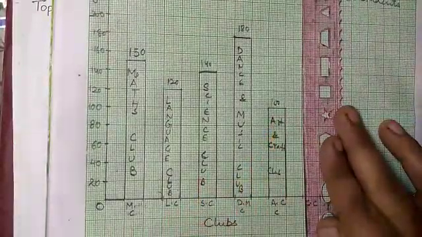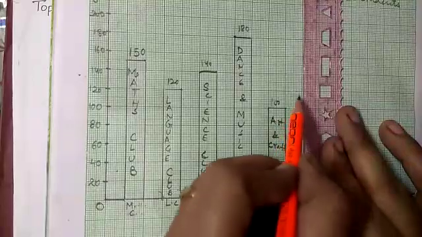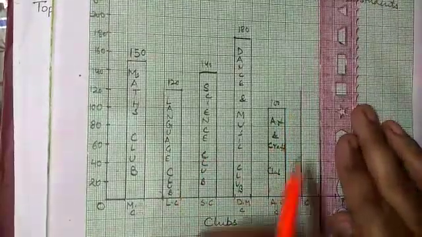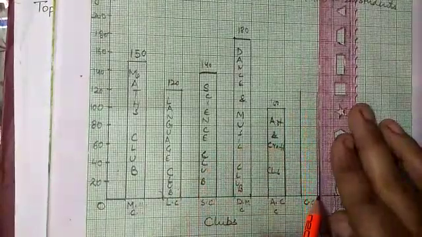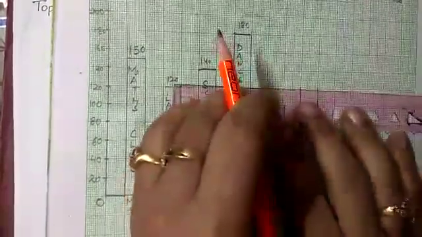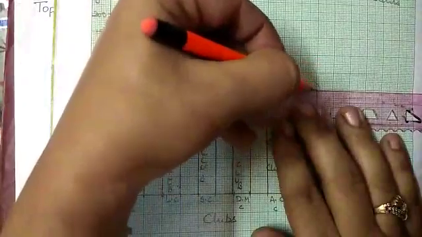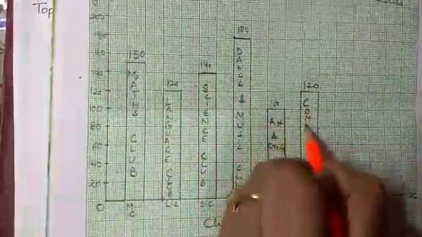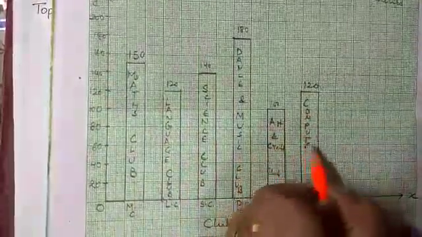Now last is the computer club, having 120 students. Now draw two lines like this. Observe, I am always drawing my lines on these dark green lines which represent the unit length. Okay. So this is my computer club.